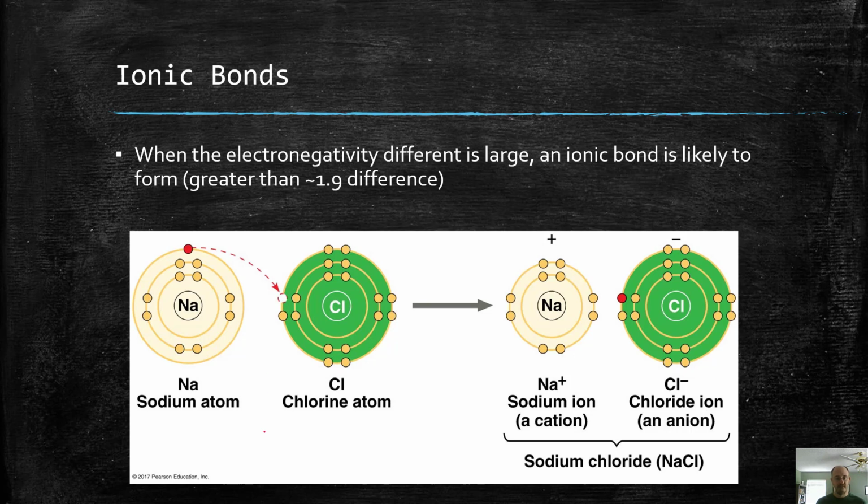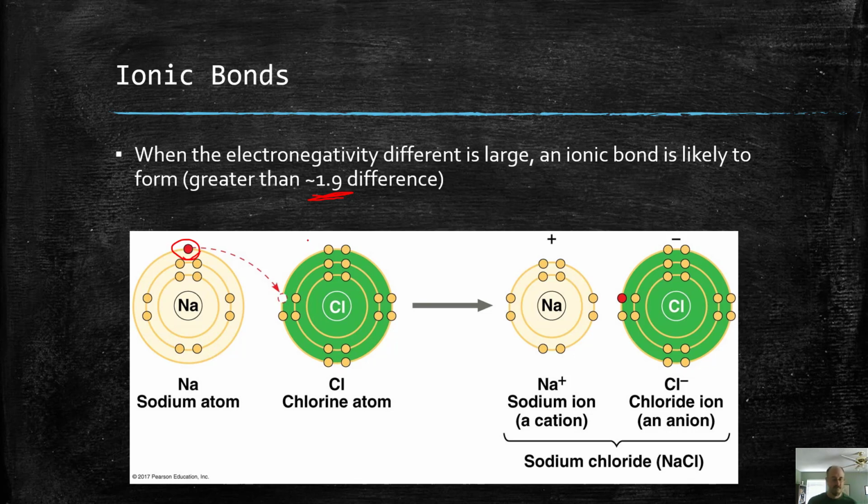For example, here we have sodium, and notice sodium has 1 electron in its outer shell, and chlorine has 7 in its outer shell. And chlorine is very electronegative. So instead of sharing an electron, and you don't have to know this number, but if the electronegativity difference is greater than 1.9 on the scale they use to measure this, then typically electrons are stolen instead of shared unequally.